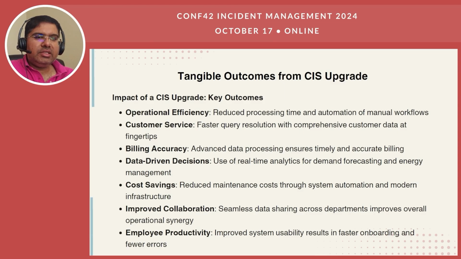Data-driven decisions: use of real-time analytics for data forecasting and energy management, which comes from the smart grid and is analyzed on the dashboards provided with the new CIS upgrade. There are a lot of cost savings through automation and modern infrastructure. Improved collaboration: seamless data sharing across departments improves overall operational synergy. Employee productivity improved: system usability results in faster onboarding and fewer errors.